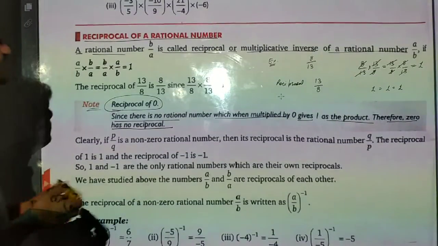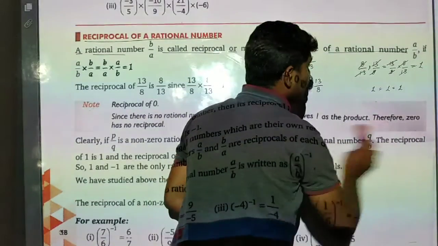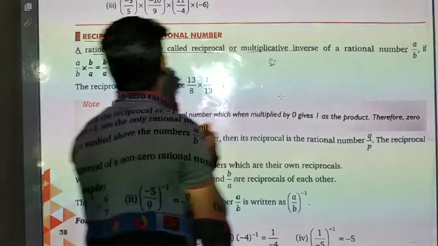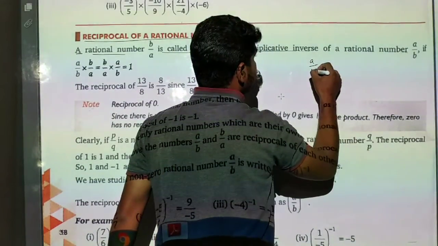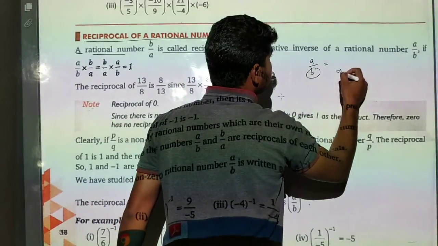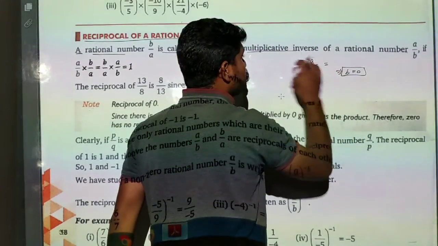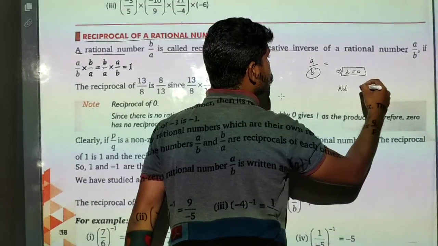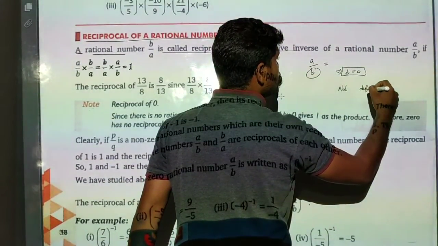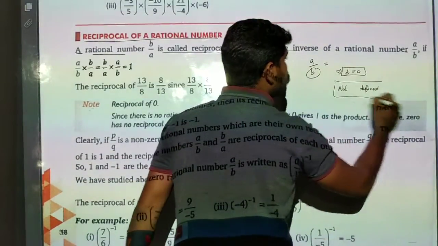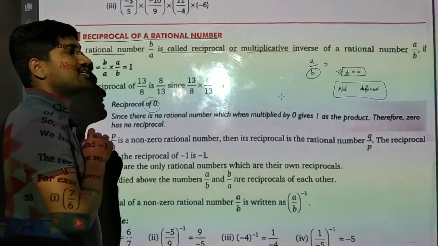In this example, if a by b, we take b equal to 0, then this rational number is not defined. So you have to always remember that the reciprocal of 0 does not exist.